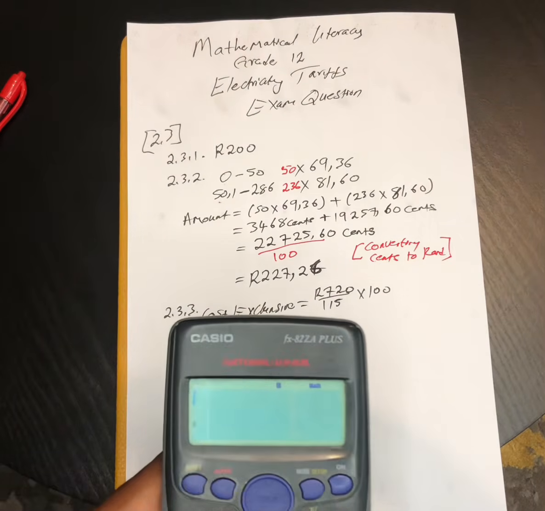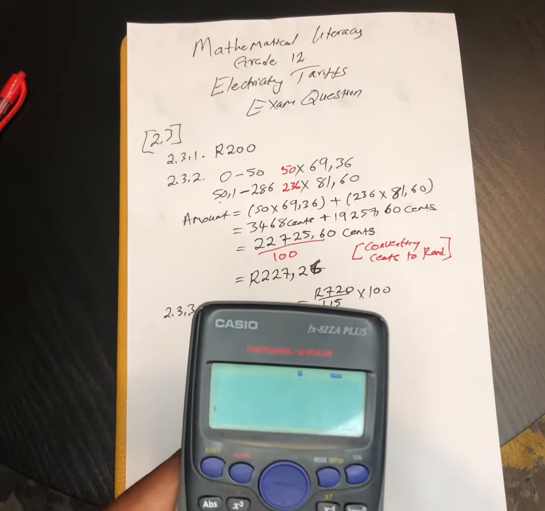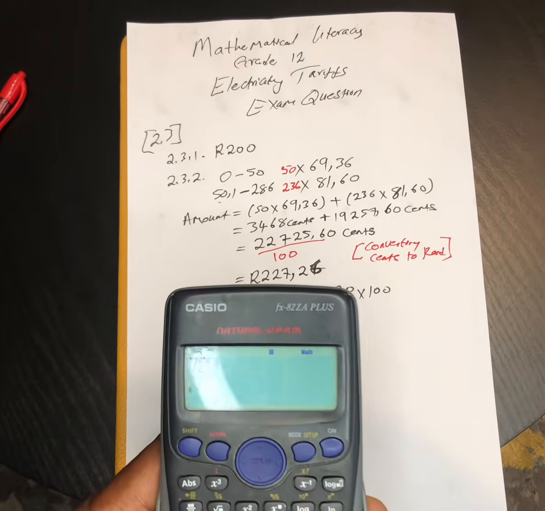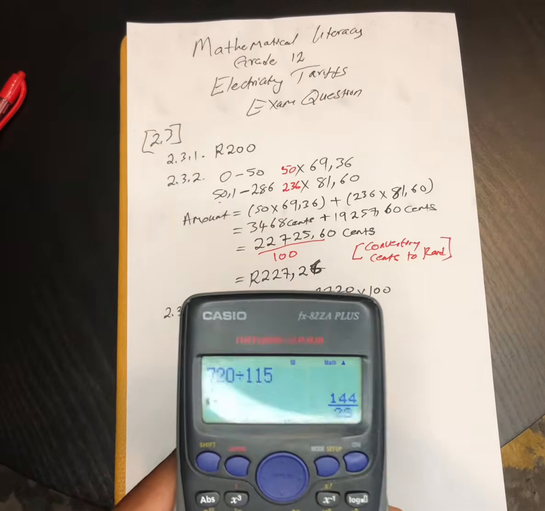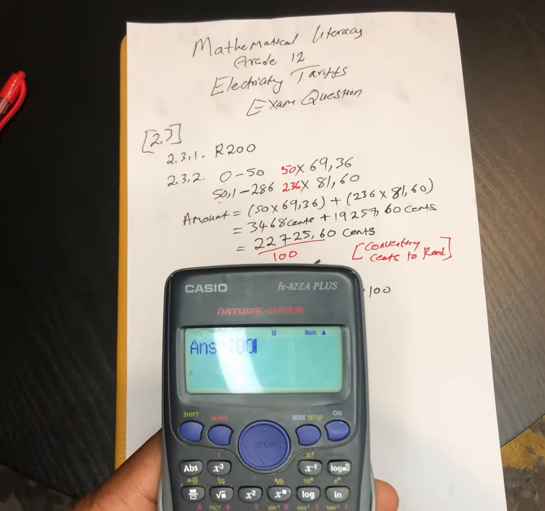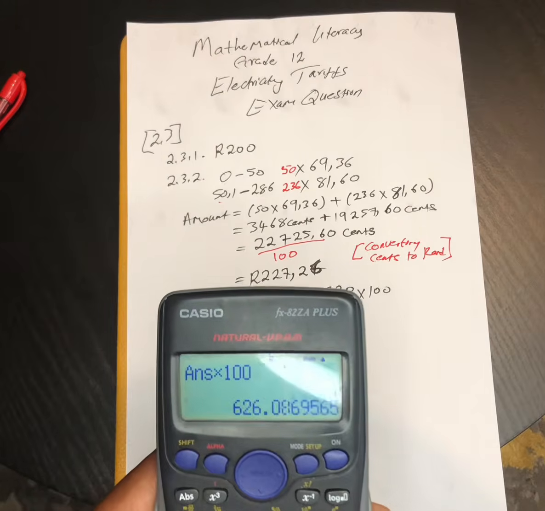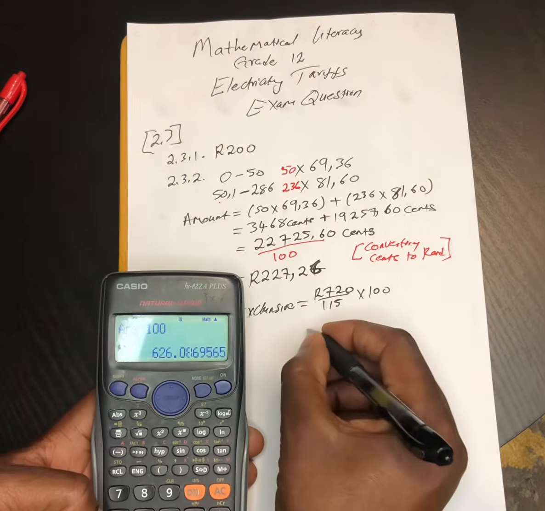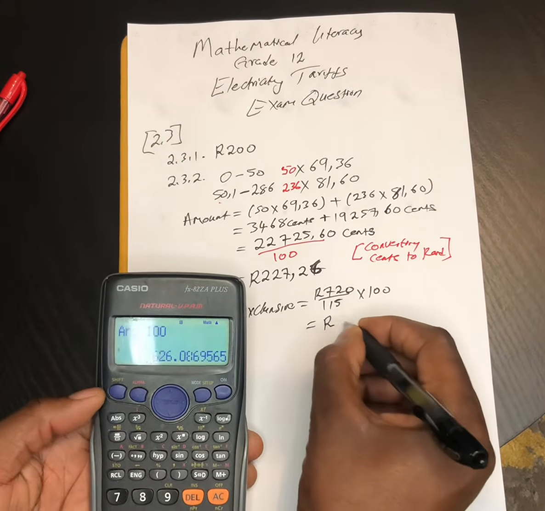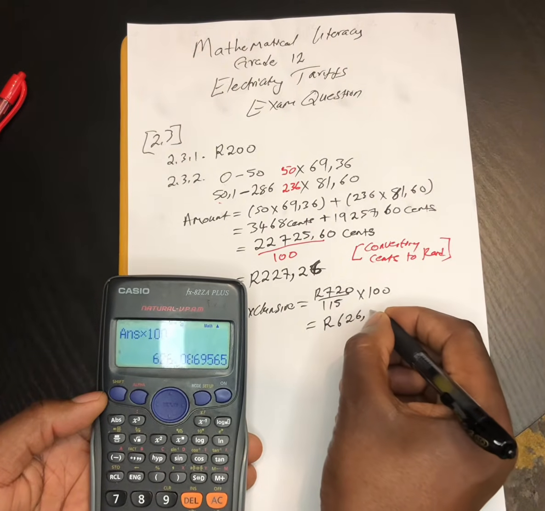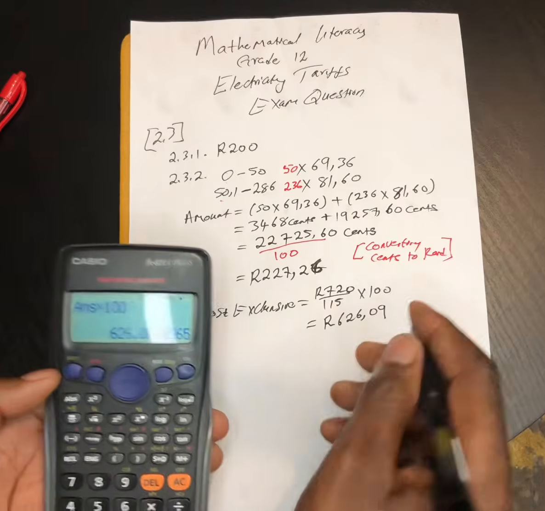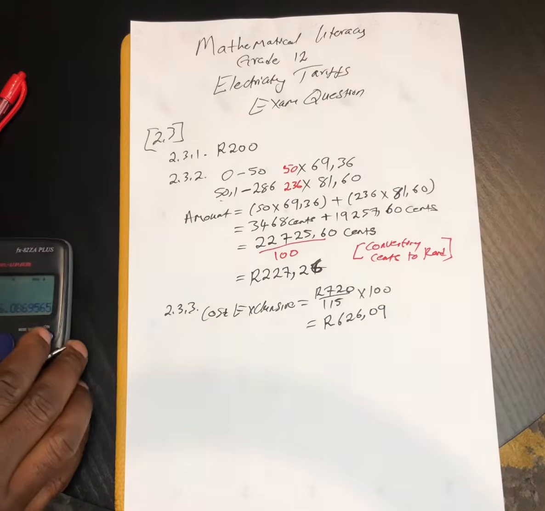Then the exclusive price is 720 divided by 115 multiplied by 100. We find that the exclusive price is 626 and 9 cents.